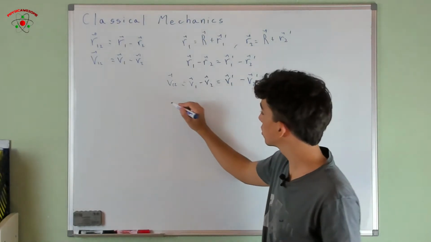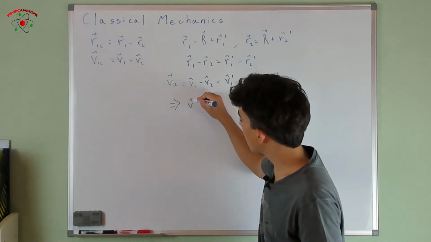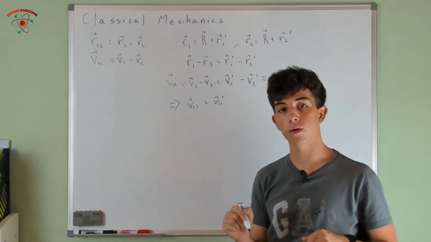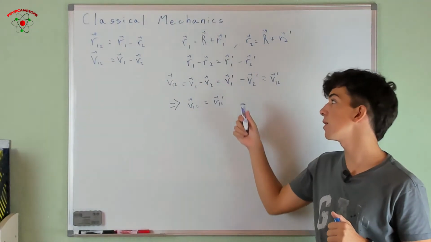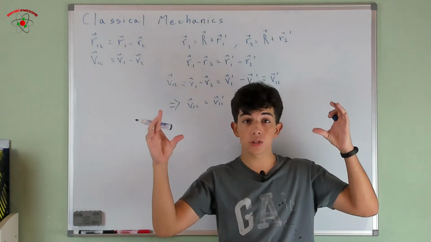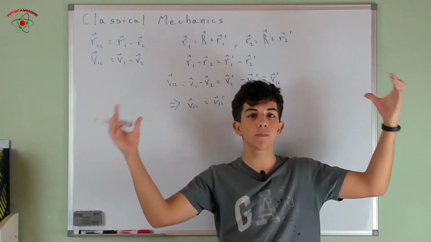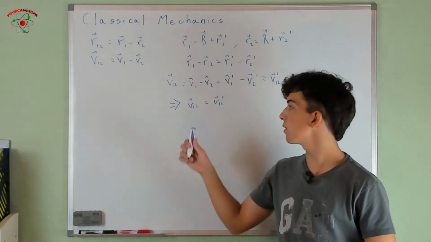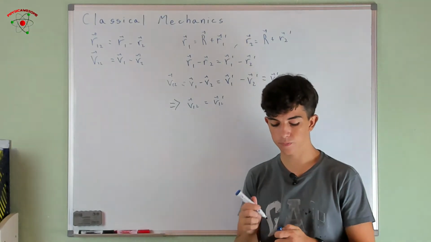Therefore, we conclude that our relative velocity is the same in all reference frames, the same as with our relative position, as it only depends on the position of the masses. It doesn't depend on your reference frame nor anything similar. And this is a very useful fact.